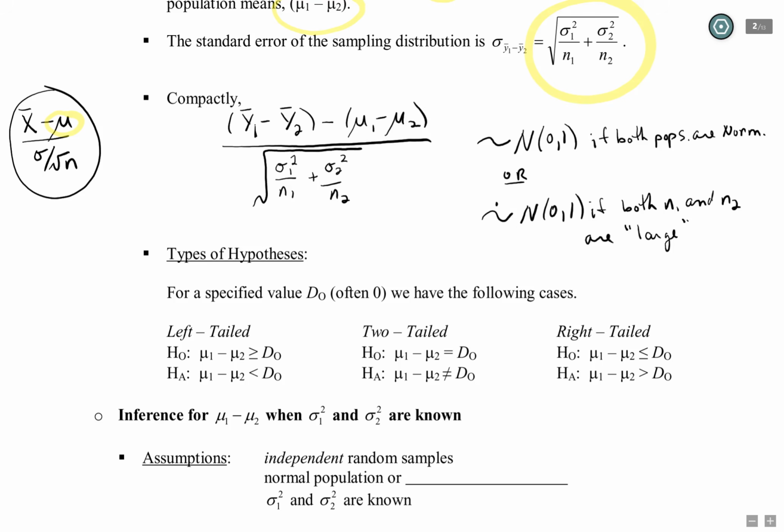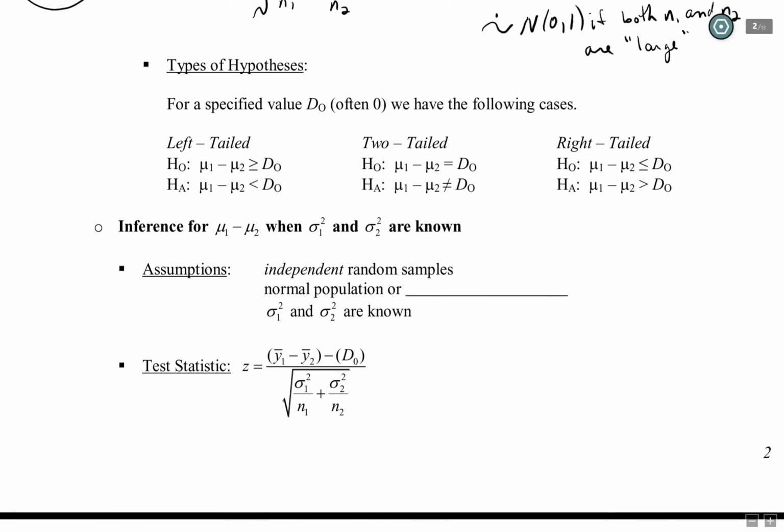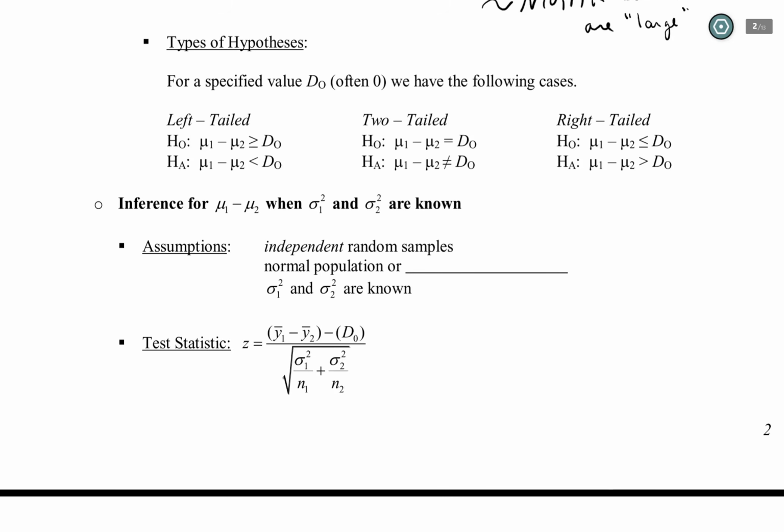Okay, so moving along here, the kinds of hypotheses that we could test in this setting would be a left tail, two tail, and a right tail test. Let's start off with the right tail test. We're checking to see, is mu1 minus mu2 bigger than some value d naught?